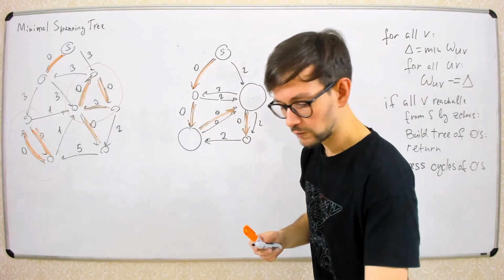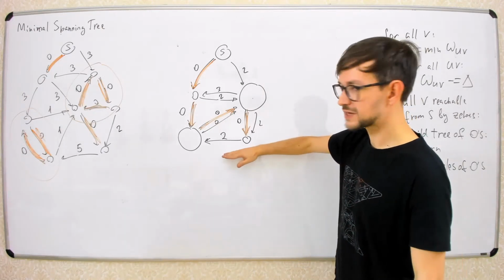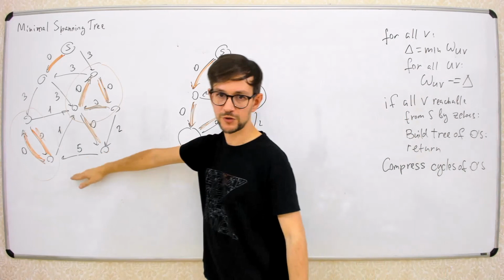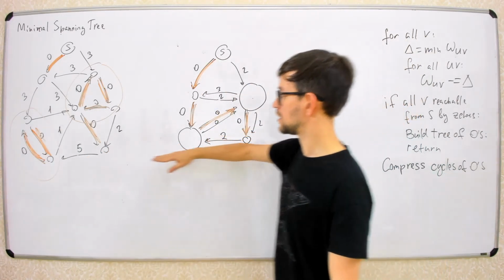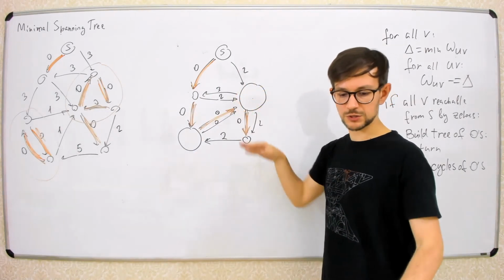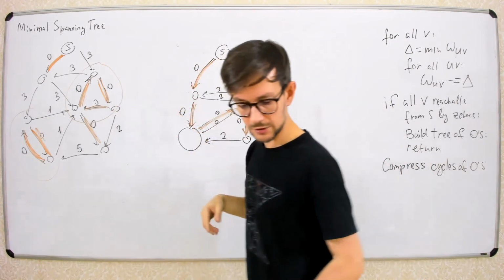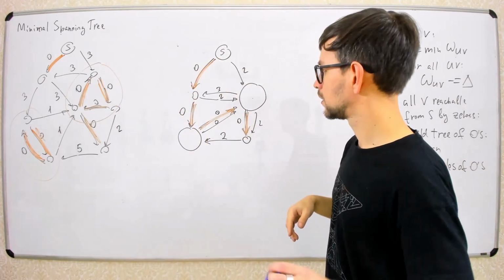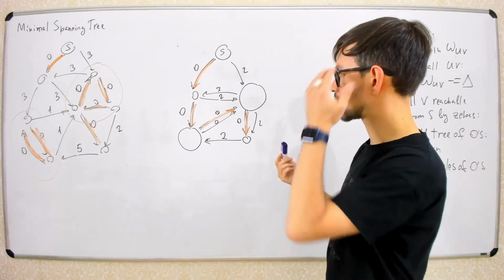Now what we need to do is to move from this answer to this graph. How can we move this answer here? We need to uncompress each of these fat nodes. So we take each of these fat nodes and uncompress them into these cycles. Let's use another color for this.